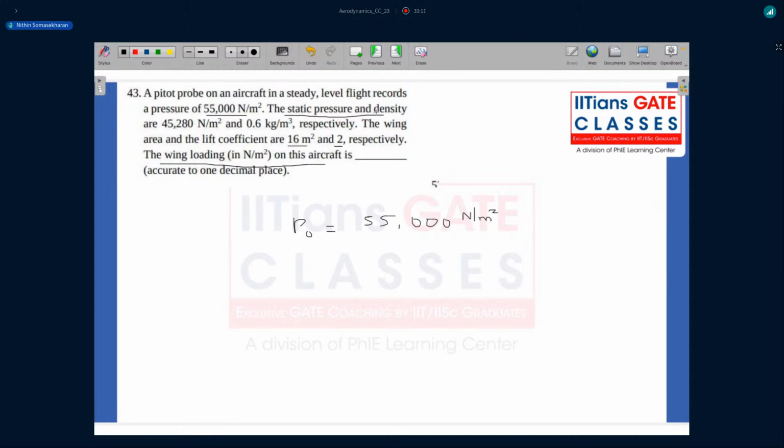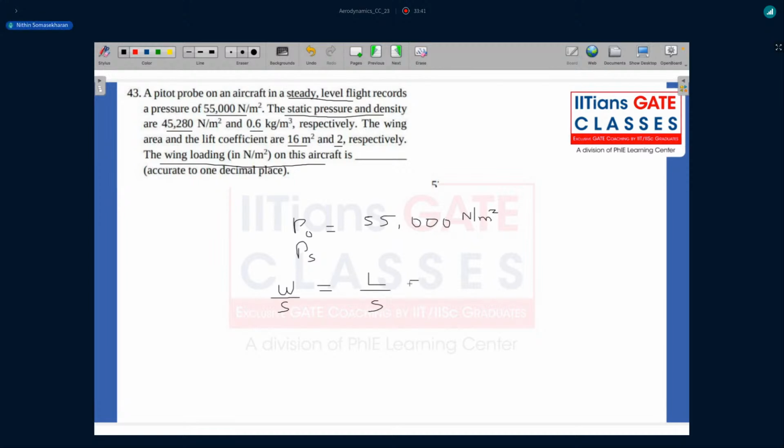Now there's a static pressure as well. Static pressure is 45,280, and the density is 0.6. So you have your P static as well. What they want in the question is the wing loading. Wing loading is nothing but the weight of the aircraft divided by the surface area of your wing. The aircraft is in steady level condition, so the weight of the aircraft will be nothing but lift.